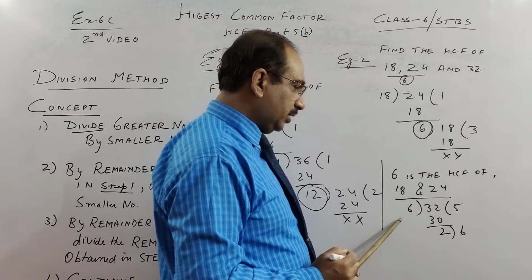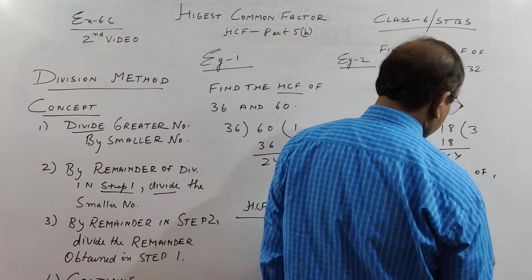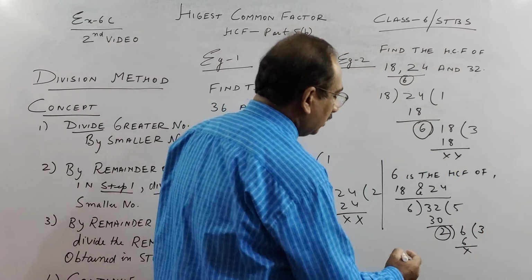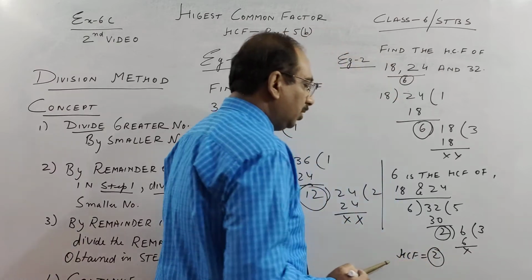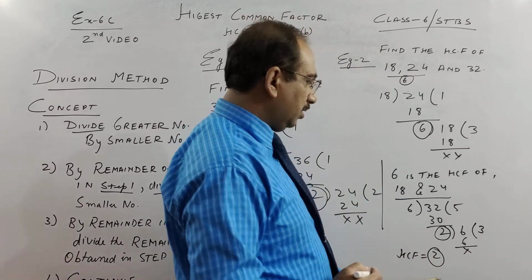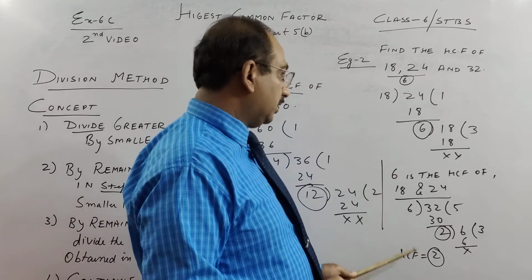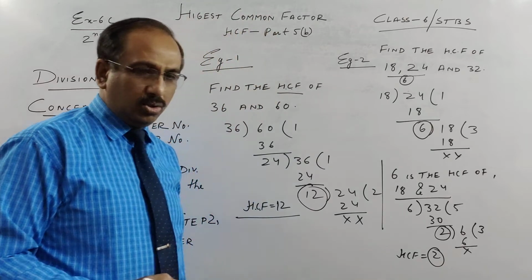The remainder in the first step, 6, comes here as the divisor. 3 twos are 6, so 2 remains here. So the HCF of all these three numbers is 2. You can write: HCF of 18, 24 and 32 is 2.